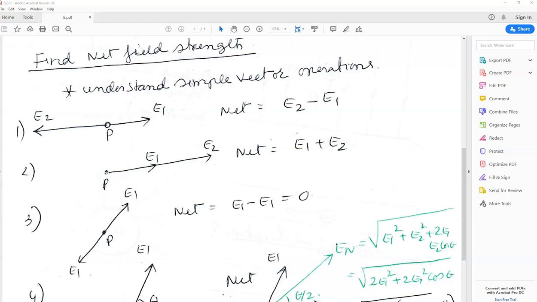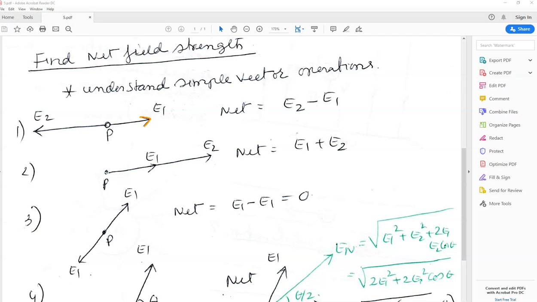Think that E1 is the gravitational field on this side, and E2 is the gravitational field on this side. Now we know gravitational field is a vector quantity, so the net field will be the bigger vector minus the smaller vector.